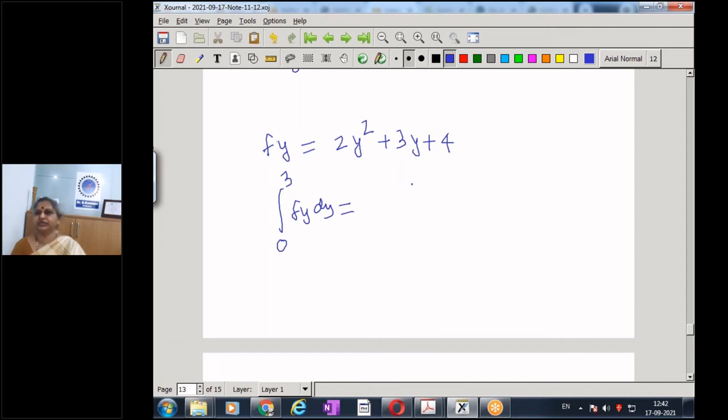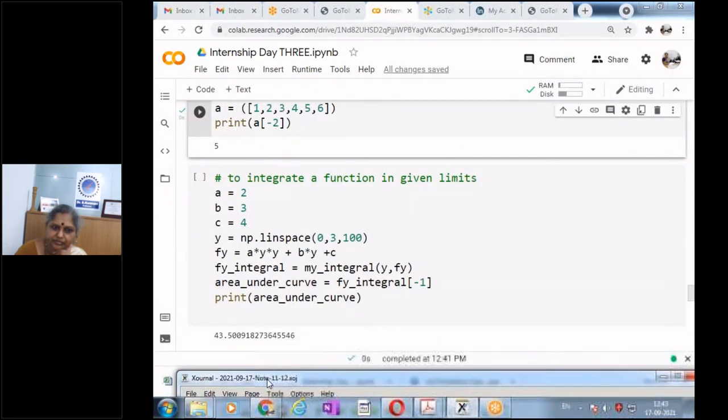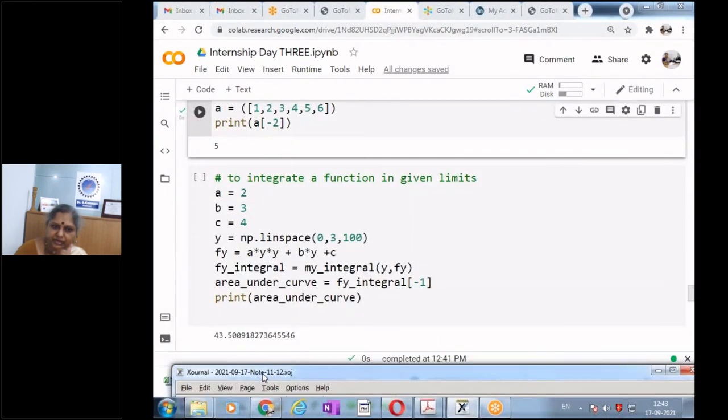And tell me what's the answer. f of y is 2y square plus 3y plus 4, and I'm integrating in the limit 0 to 3. What's the answer you're getting? Is it tallying with our code? Here we have got the answer is 45. Please check it. Do we get the same answer? Anyone trying?